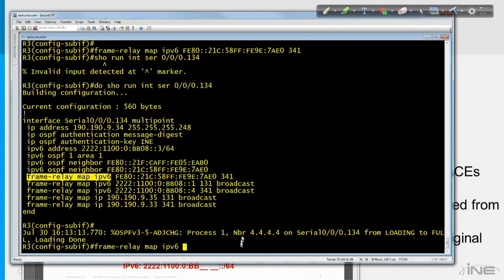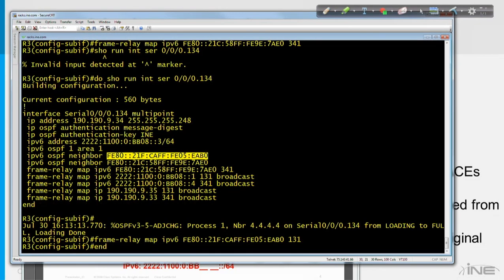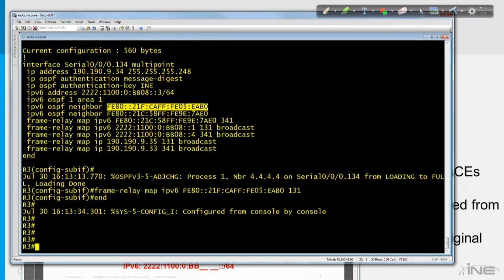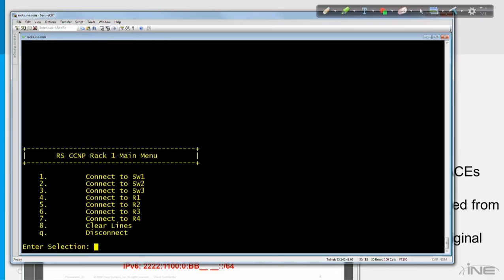And there we go. Neighbor 4444 just came up. And while we're here, let's put in the other one. 78E0, so this must be the link local address for router 1, which is across DLCI 131. All right, great. So let's go back to router 4.